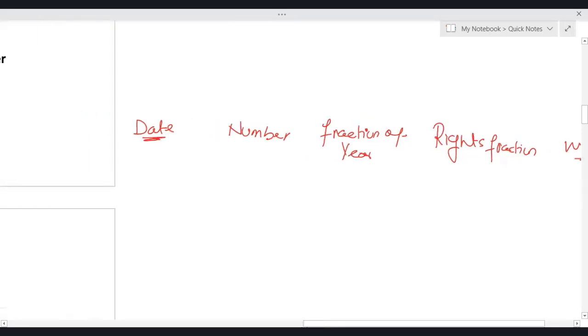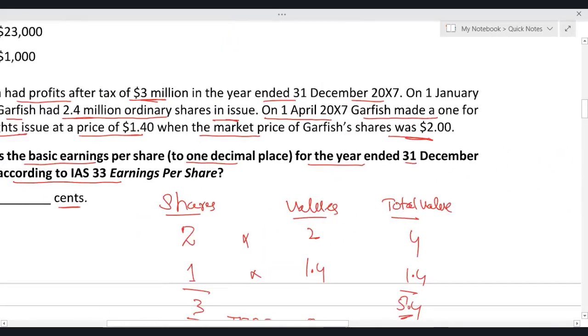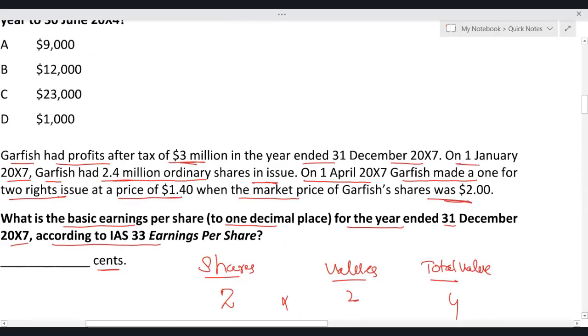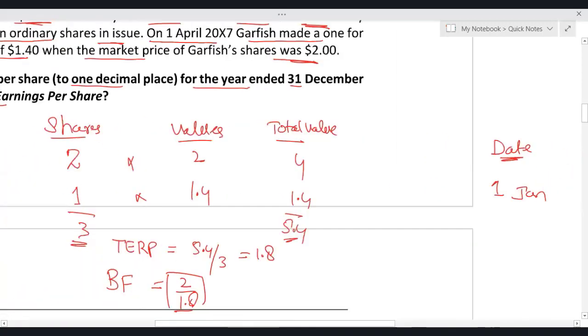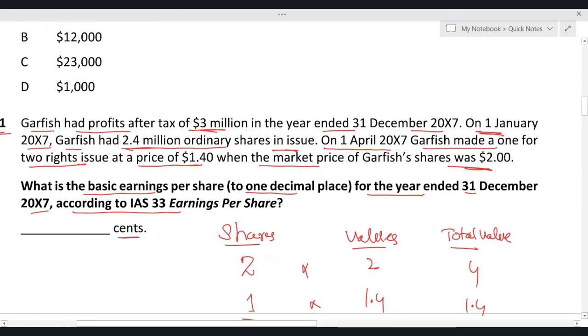At the start of the question, 1st January, how many shares do we have? 2.4 million. So I have written 1st January, with the number of shares in millions, 2.4. Now, for how many months do we have 2.4 million shares?